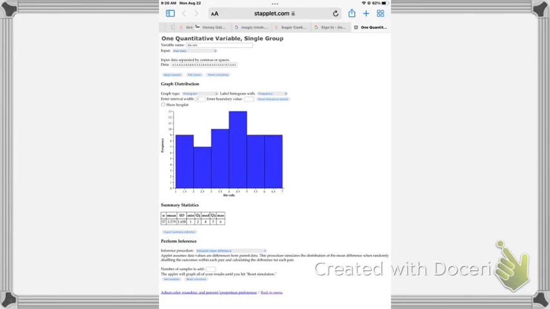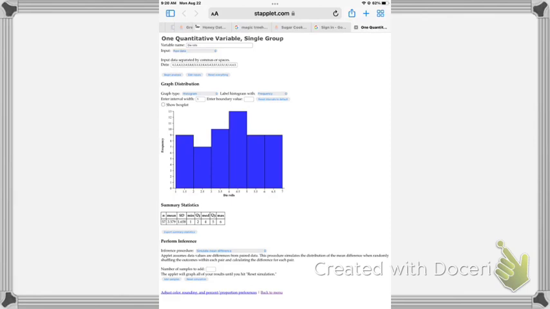All right, so up on my screen, this is our class's distribution of the die rolls. We had 9 people that rolled a 1, 7 trials that resulted in a 2, 10 that resulted in a 3, 13 that resulted in a 4, and then 9 for both 5 and 6.